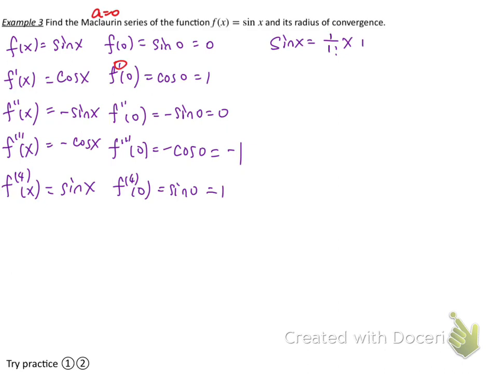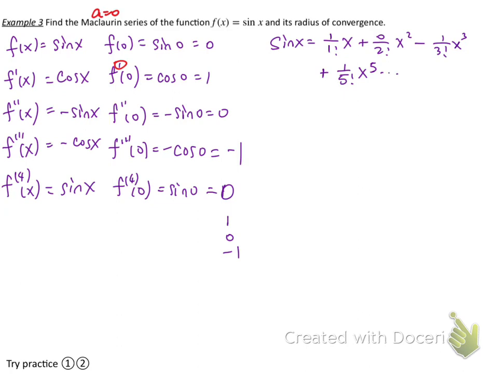Then the third, you're having minus 1 over 3 factorial x cubed. Then the next term is 0. Then you will have 1, 0, negative 1, so the fifth term will be plus again 1 over 5 factorial x to the fifth, dot, dot, dot, forever.